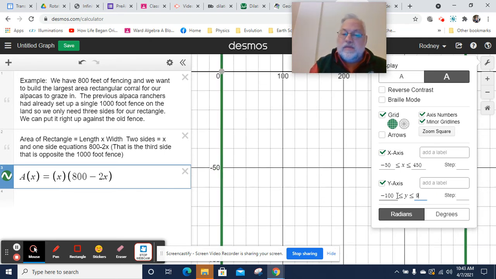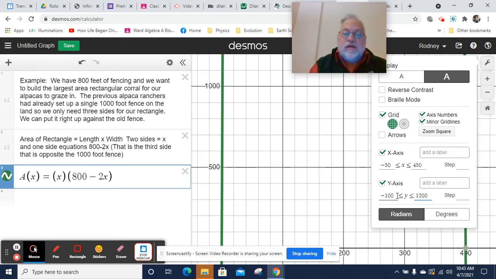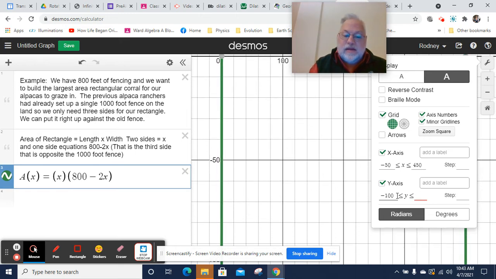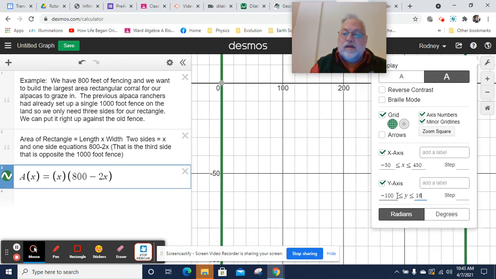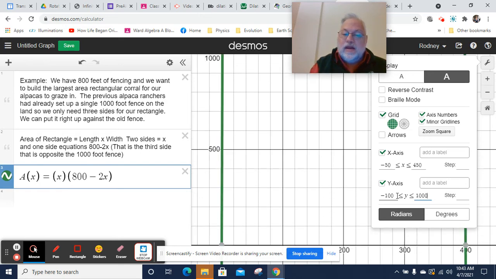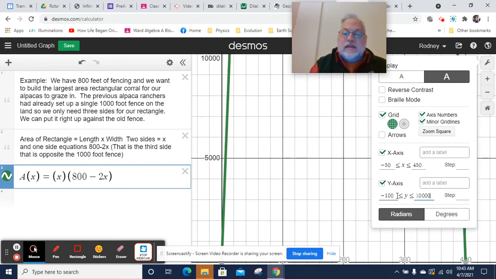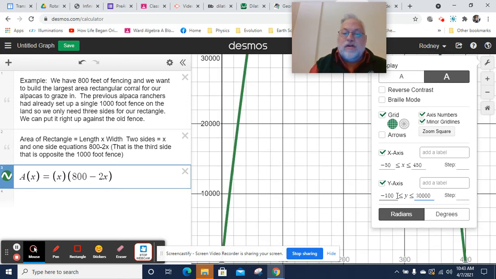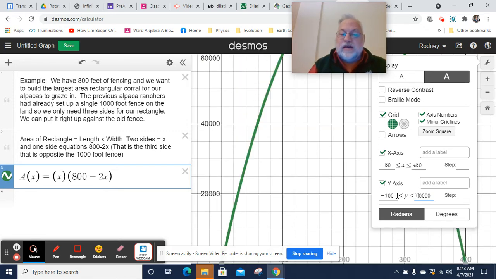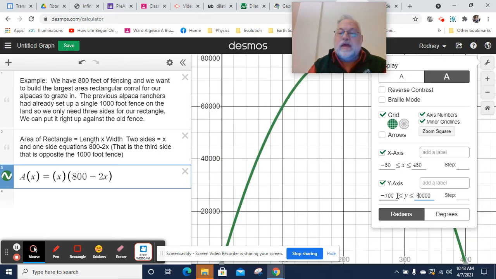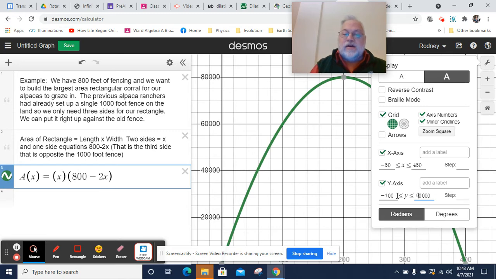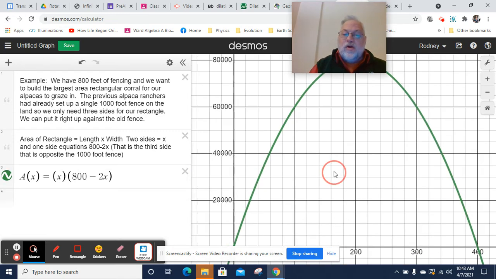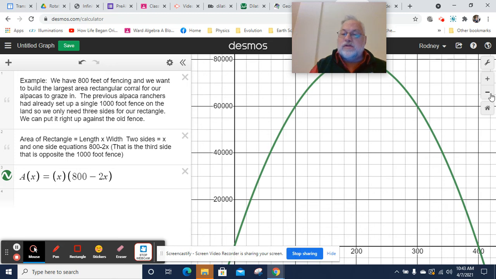I think the y-axis needs to be higher. 1,200, maybe higher than that. 1,600, even higher. I made it 10,000, and that's not enough. Let's make it 20,000, 30,000, 40,000, 50,000, and keep going until I get something that works. 80,000. Let's go with 90,000. So 90,000 gives me something that works, and now I've got my whole graph on my screen. I'll zoom out just a hair.